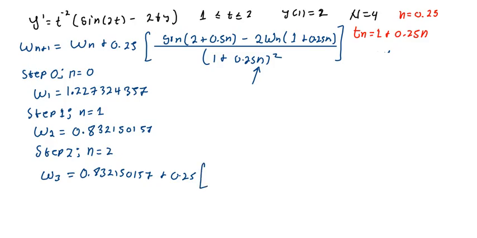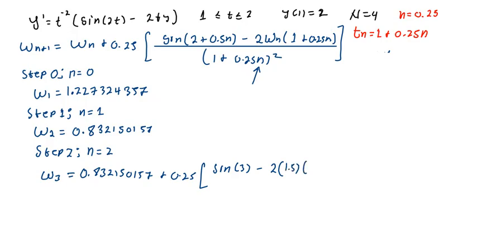Then in the brackets you're going to have sine. If you plug in 2 here, 0.5 times 2 is 1 plus 2, that's going to be a 3. So it's sine 3 minus 2 open bracket. Plug in a 2 here. 0.25 times 2 is 0.5 plus 1, that is 1.5. So that would be 1.5 here.